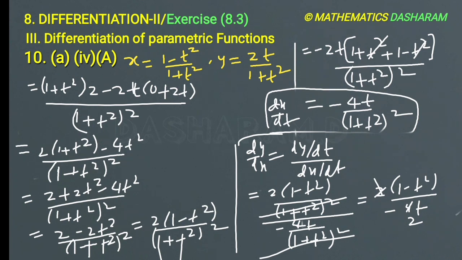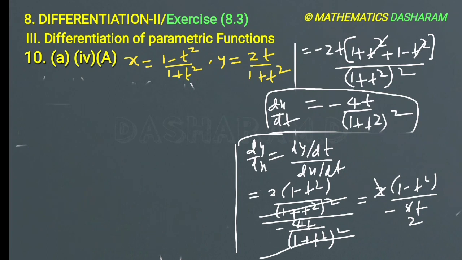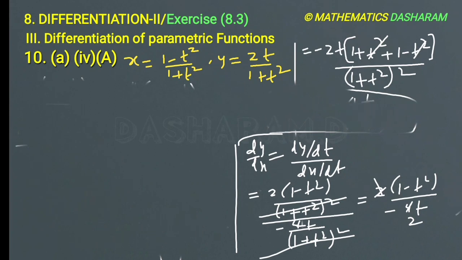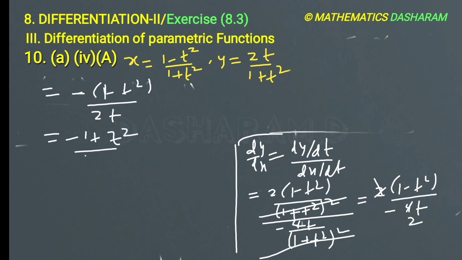So then it is equal to, here minus I am writing in the numerator place, (1 minus t square) by 2t. Now minus apply inside, minus (1 plus t square) by 2t. Then the required answer is (t square minus 1) by 2t.